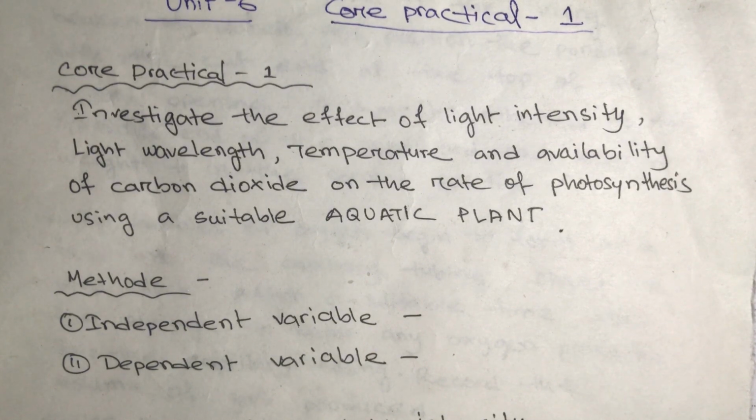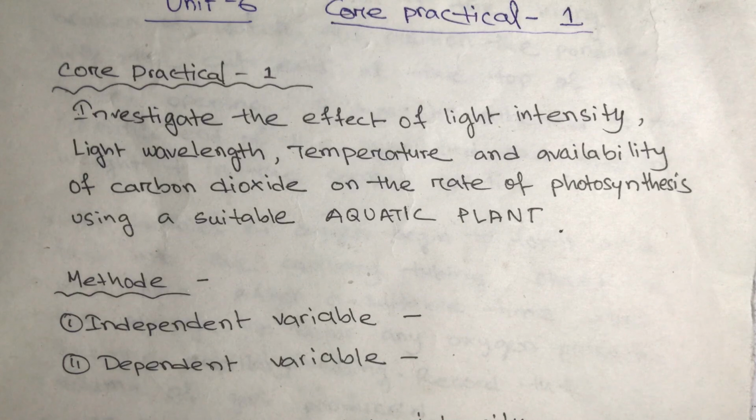All the details are really important, even the size of the plant you take, or any other variables like the instruments you use in the experiment. You need to name all these instruments to get a complete mark on Unit-6.